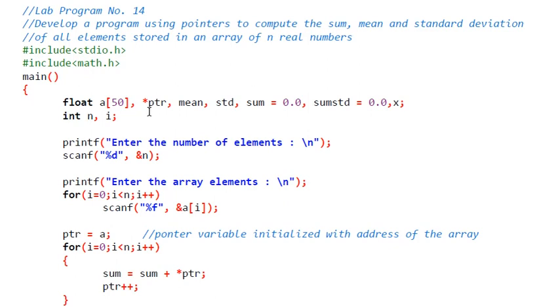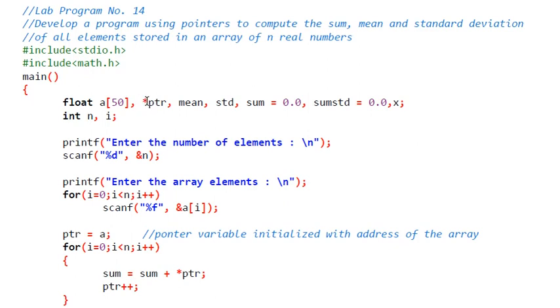And next you can see asterisk ptr. What is this? This is nothing but the pointer declaration. If you want to use a pointer, first we need to declare it. This is how we do that. ptr is the pointer variable name, and it should be prefixed with the asterisk or the star.